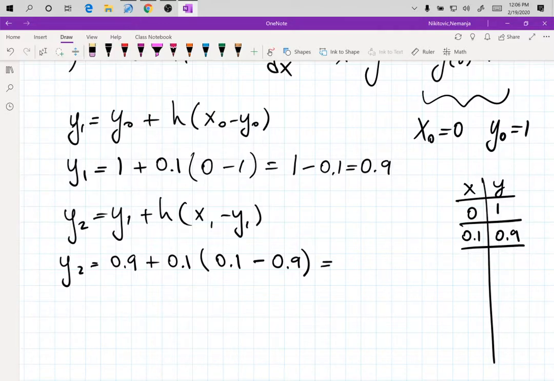This calculation is going to give you 0.9 minus 0.08, so 0.82. We have 0.2 as our x value, and this is going to be 0.82.